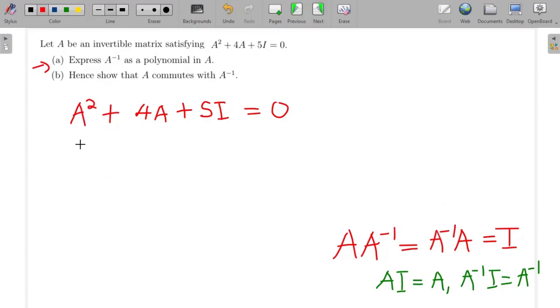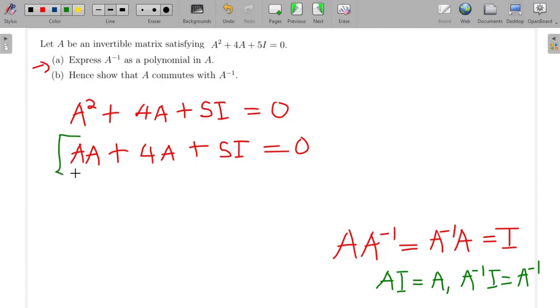So A squared is the same as A multiplied by A, and then plus 4A, and then plus 5I equals 0. A is a matrix, and this I is also a matrix. 4 and 5 are just constants.